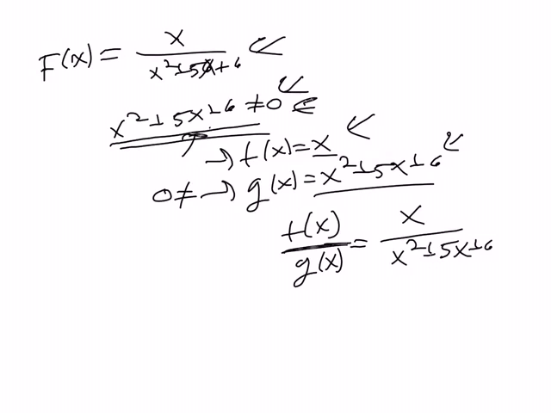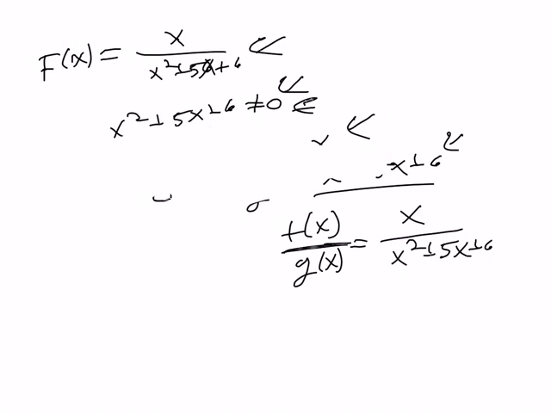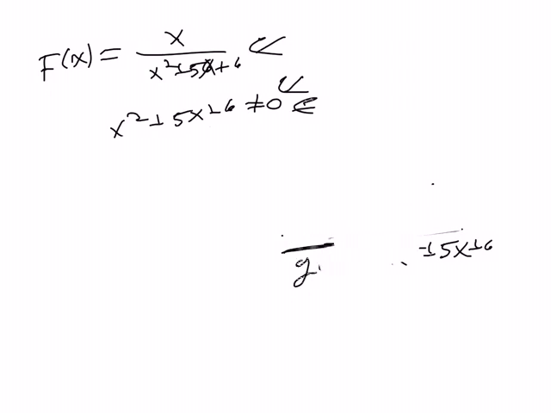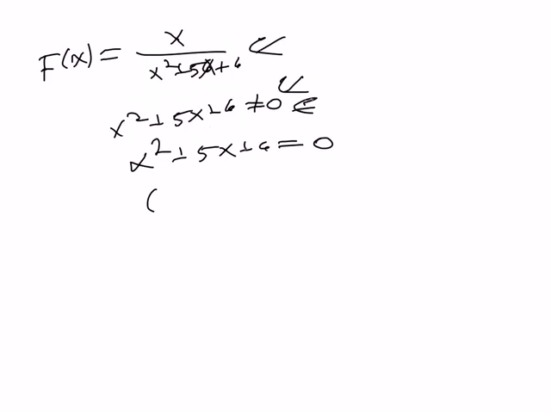So now let's imagine that x squared plus 5x plus 6 does equal 0, or in other words, x plus 3 times x plus 2 equals 0, or in other words, x equals negative 3, or x equals negative 2.